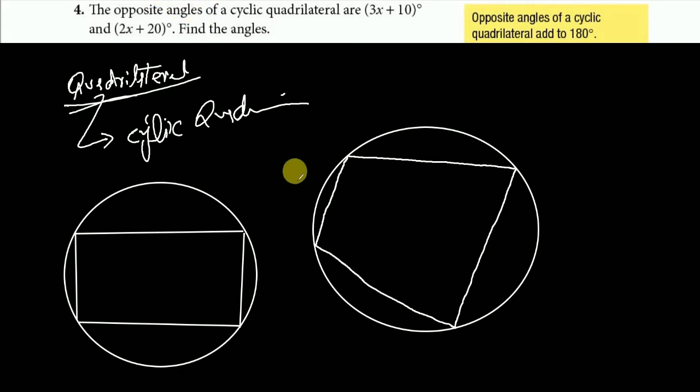So actually a cyclic quadrilateral has all of its vertices on the circumference of the circle. This is the vertex of the quadrilateral, this is a vertex, this is a vertex, and this is a vertex, and all of its vertices are on the circumference of the circle. That is known as a cyclic quadrilateral.